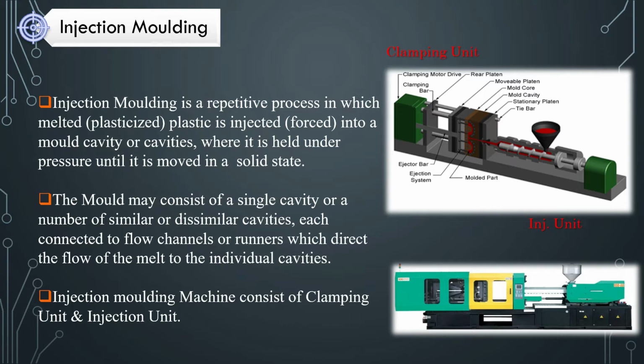The mold may consist of a single cavity or a number of similar or dissimilar cavities, each connected to flow channels, runners, which direct the flow of the molten or plasticized plastic material into the individual cavities. An injection molding machine consists of two different units. The first one is the clamping unit, the second one is the injection unit. You can see this one is the clamping unit and here it is the injection unit.